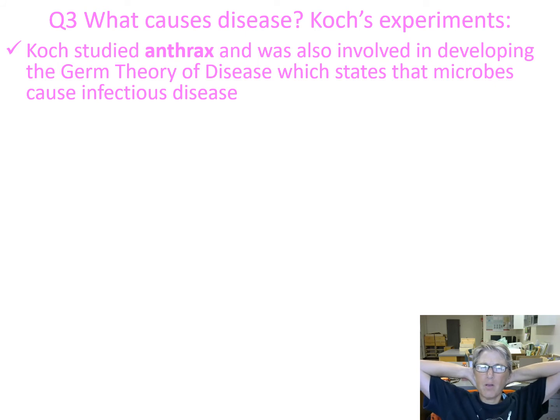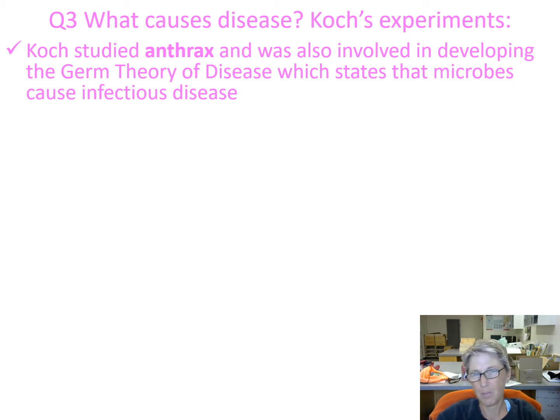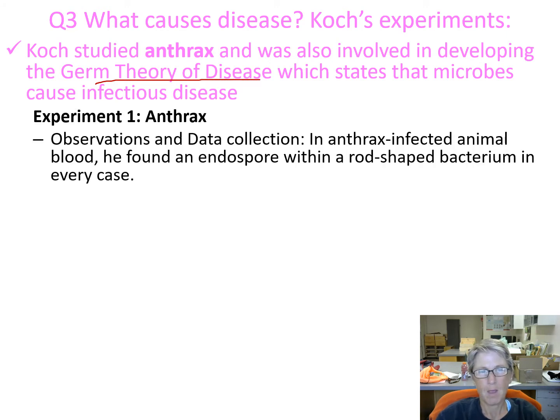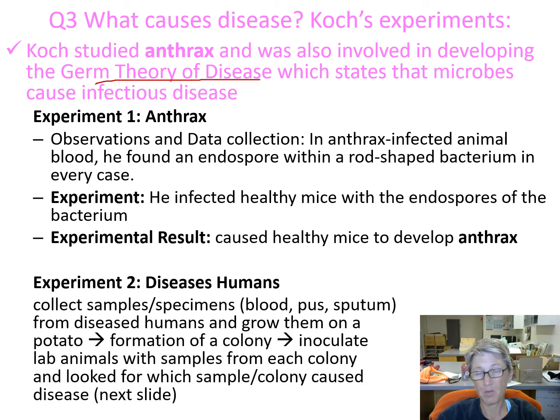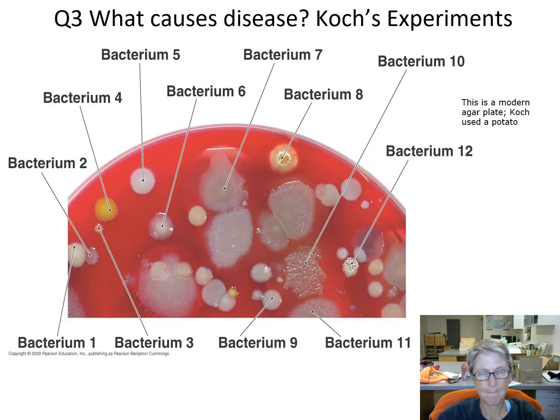You probably, I don't know if you're old enough to remember when there was the anthrax scare in the early 2000s, but he studied anthrax and was also involved in developing the germ theory of disease, along with Pasteur that we talked about. These were his experiments with anthrax, and then he also did some experiments with diseased humans. So you can read through those.